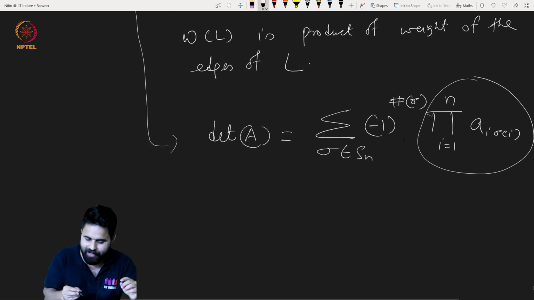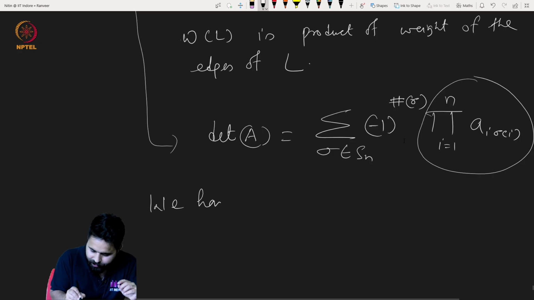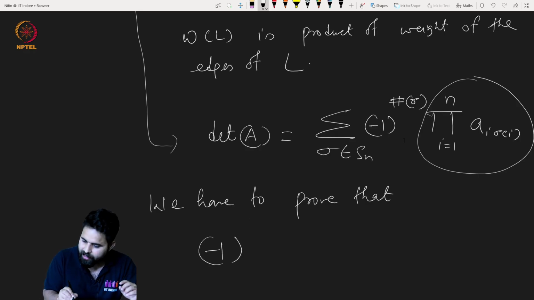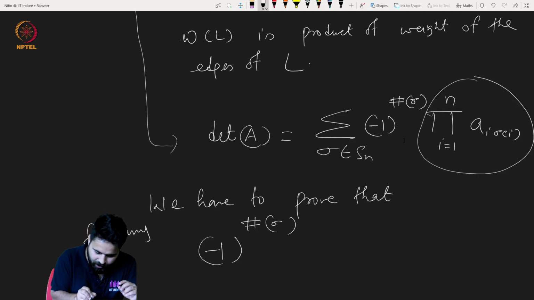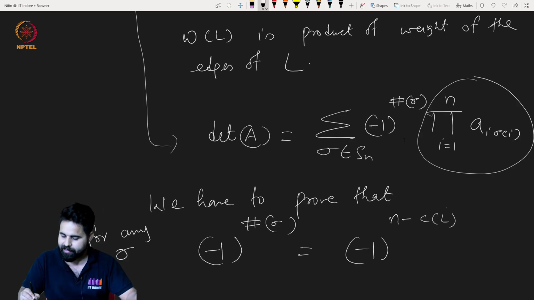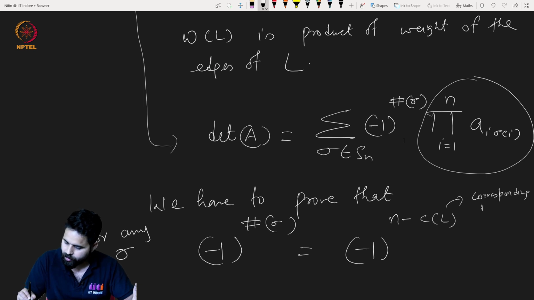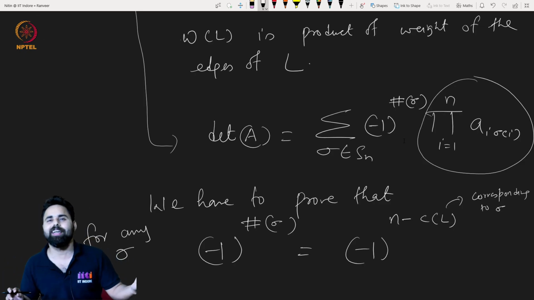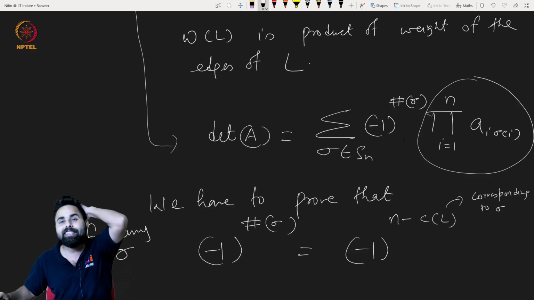Now we have to prove that minus 1 to the power the inversions of sigma, for any permutation sigma, is nothing but minus 1 to the power n minus the cycles in L, where L corresponds to sigma. We have to actually prove this, and then these two formulas are the same.